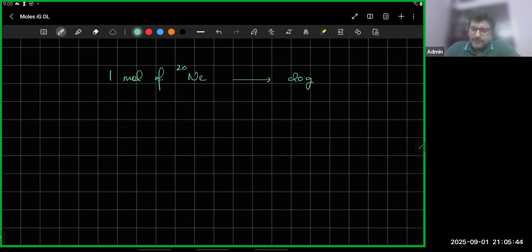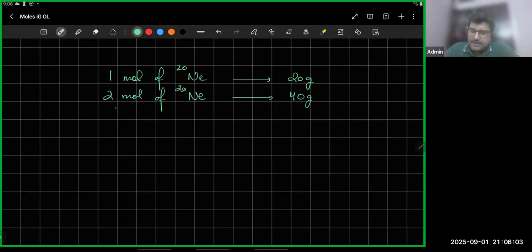Then if I double the number of atoms, so if I have 2 moles of neon atoms, the mass of 2 moles of neon atoms, it's pretty obvious, it's going to be 40 grams.